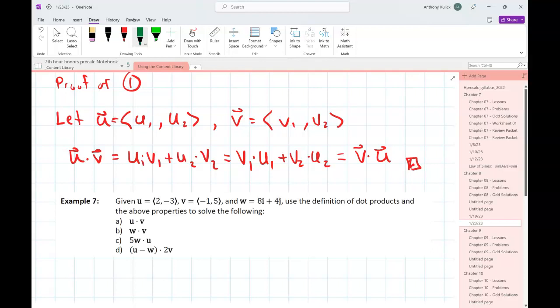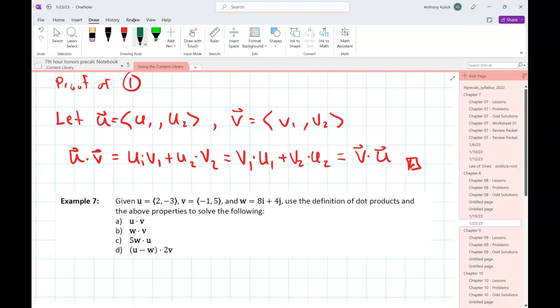Does anybody remember the name for that other form w is written in, 8i plus 4j? Remember what we called that? You'd want to remember, and definitely by the time the test rolls around, you want to make sure you know the names. This would be called linear combination form.